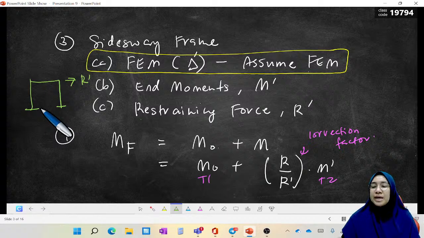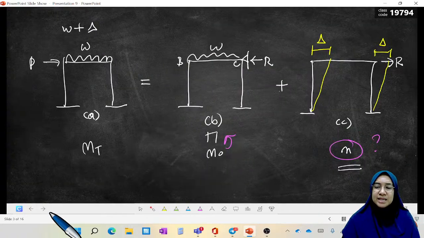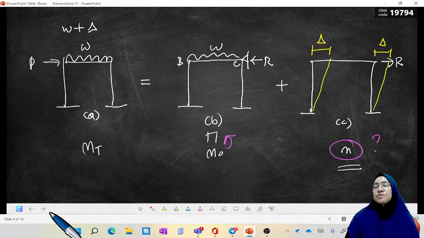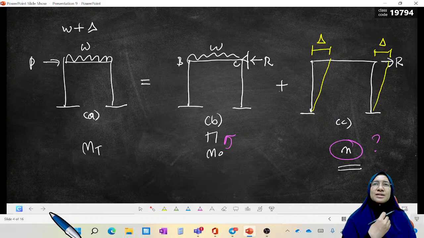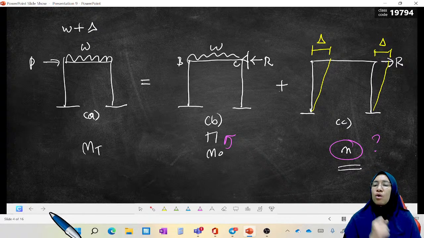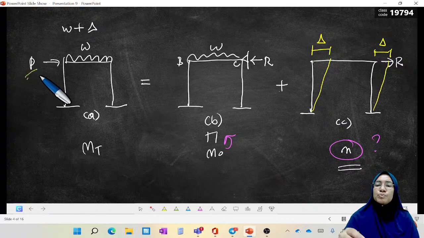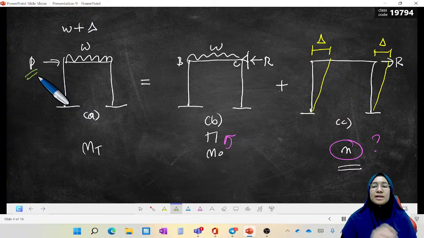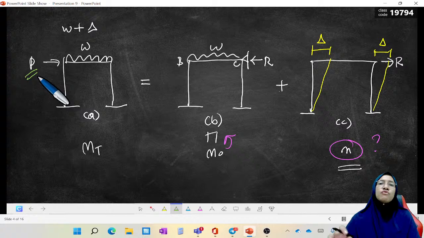So how can we understand this? Start from the principle of superposition. Diagram A is the original frame, where due to P, the frame tends to move horizontally.